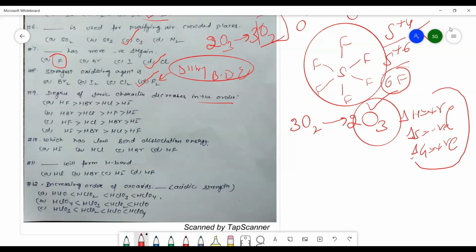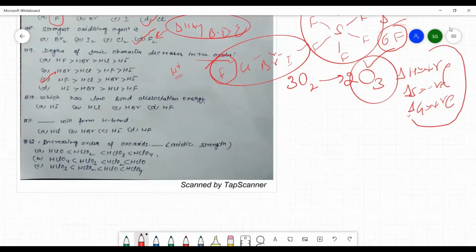So here you can see that the cation, that is H positive, is the same in all the cases. So we have to look at F negative, Cl minus, Br minus and I minus. Here you can easily see that F minus has the smallest size, and the small size of the anion leads to ionic character. So C will be the answer for question number 9.